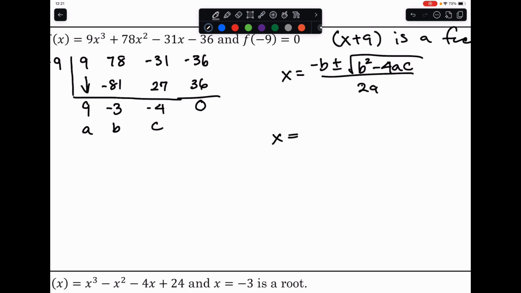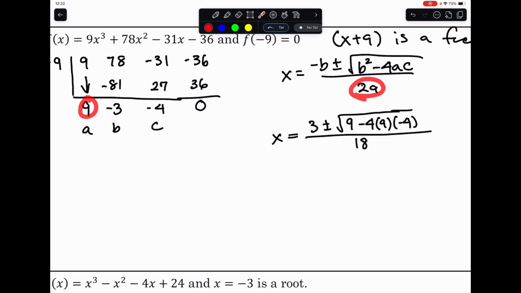So the negative of negative 3 is positive 3. Now negative 3 to the second power is 9, minus 4 times the value of A times the value of C, and then 2 times the value of A, so 18, because our value of A is 9. So 2 times 9 is 18.